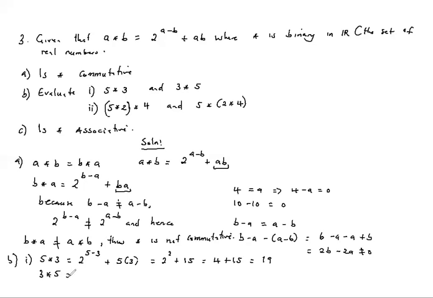This time around, we cannot say it is 19 because it's not commutative. So we have to solve. That will be 2 to the power of (3 minus 5) plus 3 times 5, which is 2 to the power negative 2 plus 15, because 3 minus 5 is negative 2. When we have a negative power, we can take everything to the denominator so that the power becomes positive.